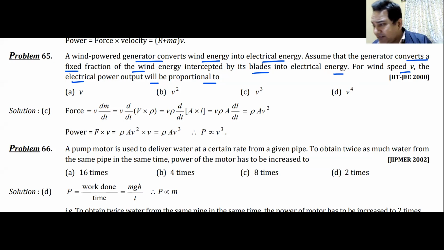So basically, wherever you have a constant flow of mass hitting a body and applying force on that body, or mass coming out of a body at a constant rate and pushing the body in the opposite direction, we call it the thrust force. The thrust force is applied by this mass of water or any fluid which is coming out.